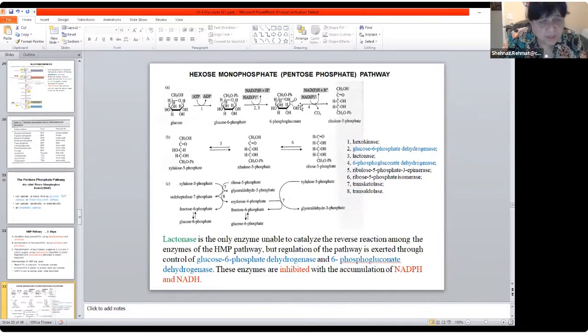Then the next step is also very unique, in which this is going to be a dehydrogenase, as well as you are taking away a carbon dioxide. That one carbon is being lost here. So from a 6-carbon compound, we are coming down to a 5-carbon compound.